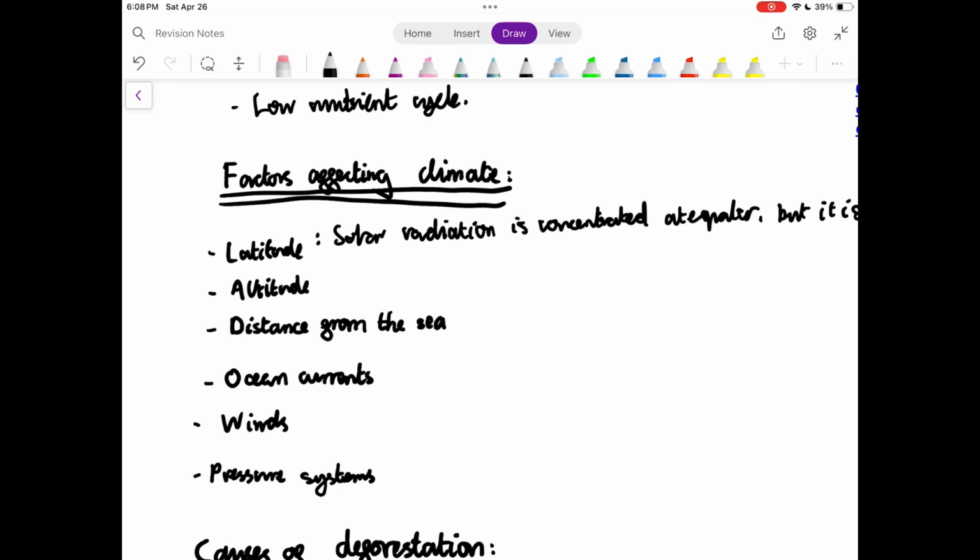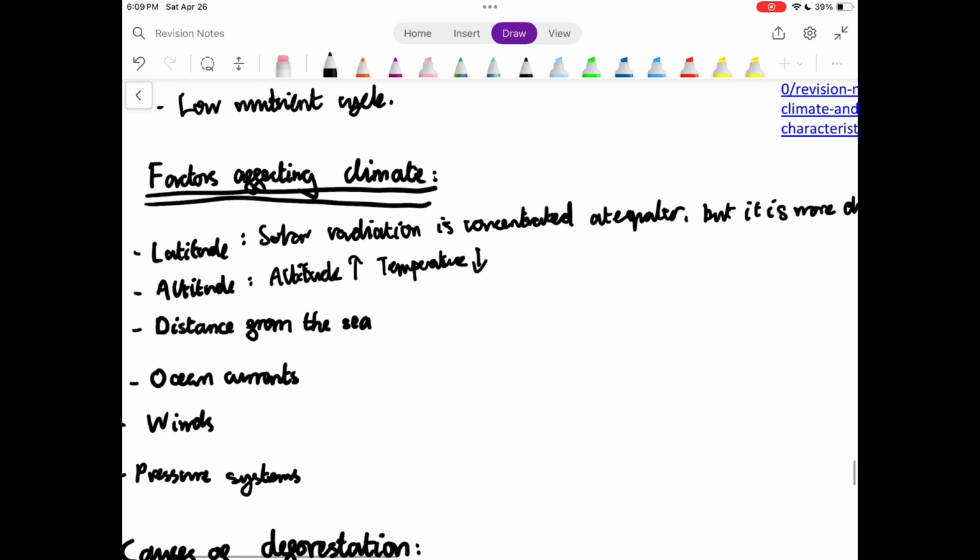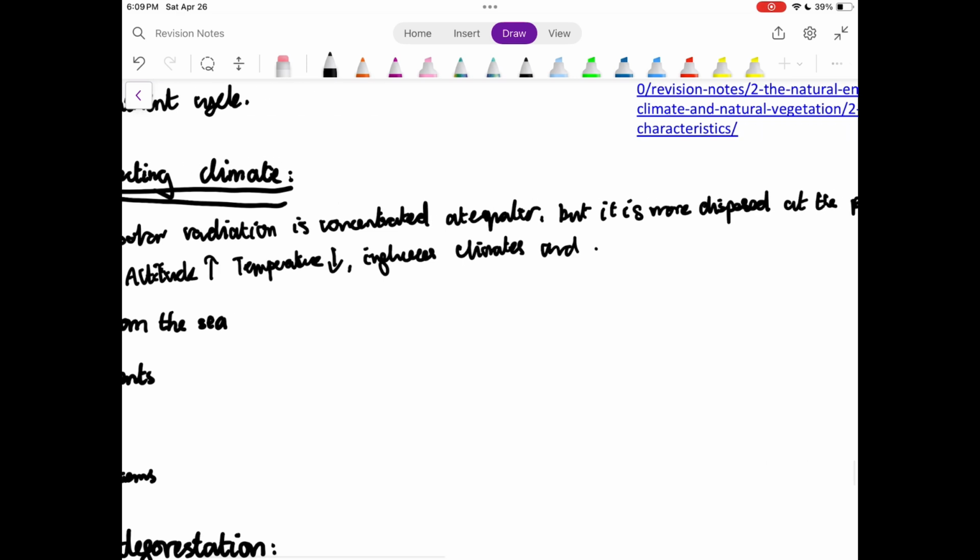Next is altitude, and as altitude increases, the temperature decreases, and therefore it influences climates and ecosystems.